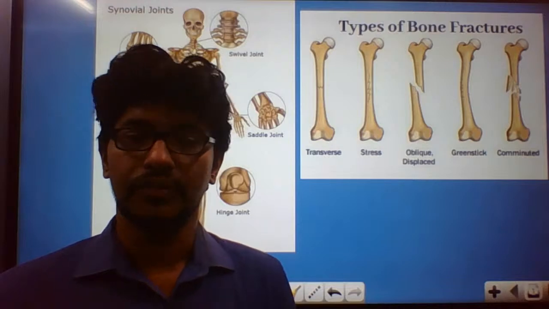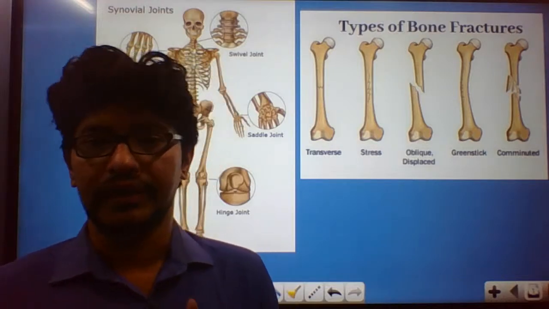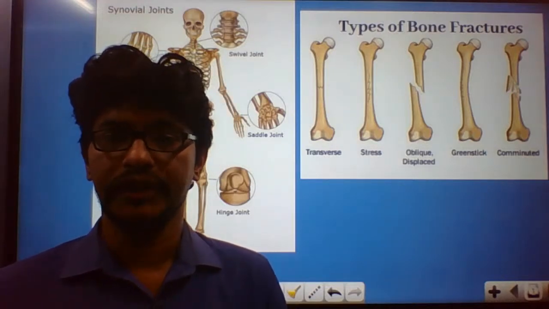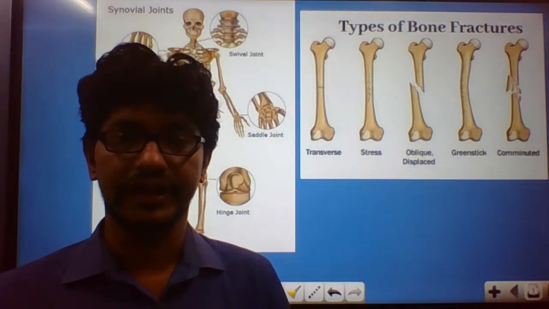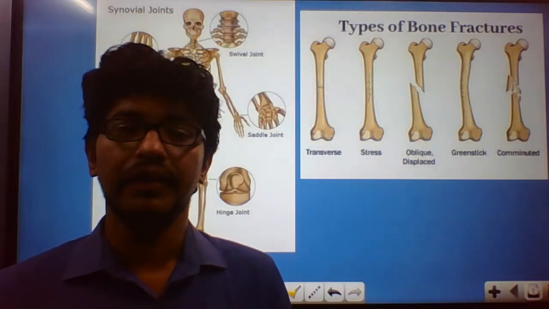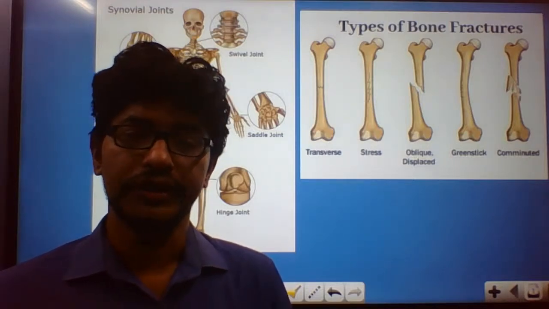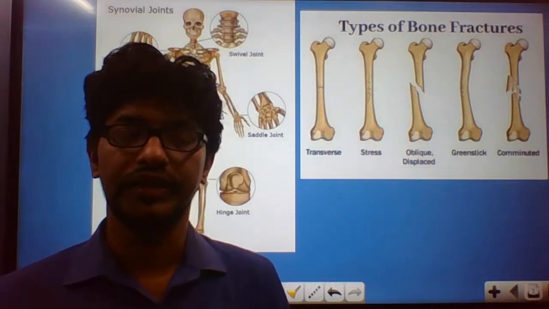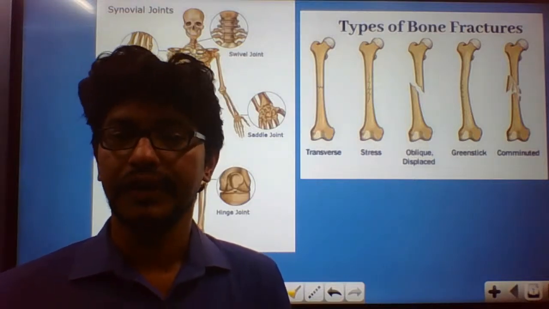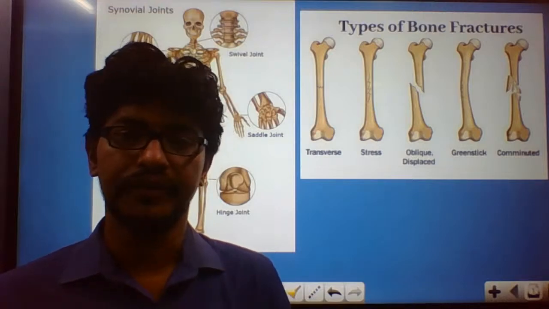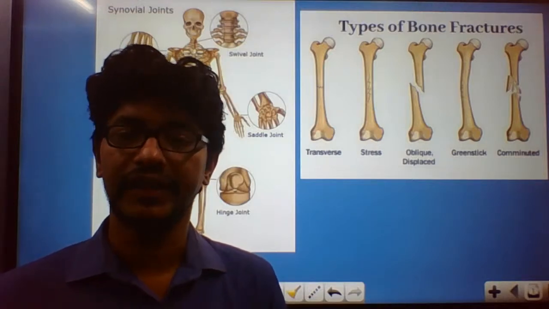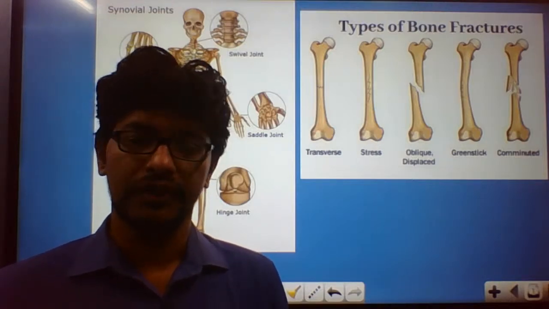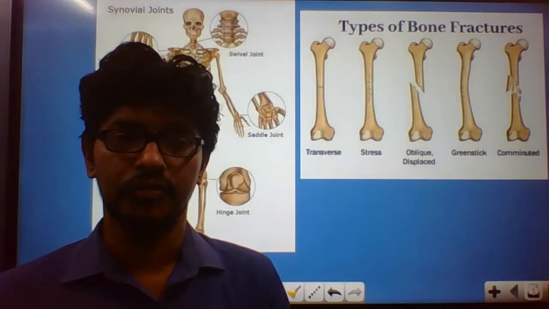We also discussed the types of joints: immovable joints, slightly movable joints, and freely movable joints, which we categorized into 6 types, such as hinge joint, saddle joint and pivot joint. We discussed 6 different types of synovial joints, and also gave examples for a non-movable joint and a slightly movable joint.